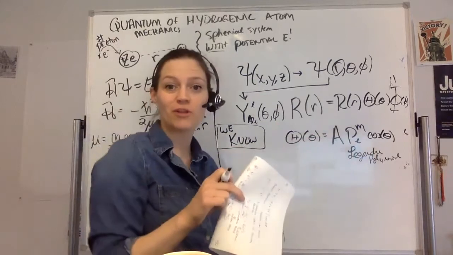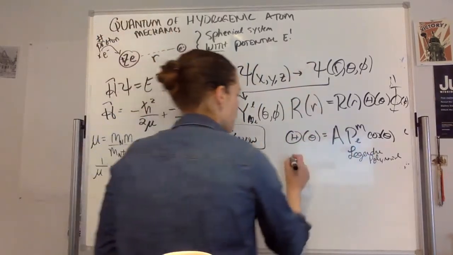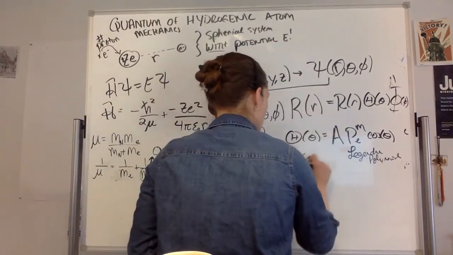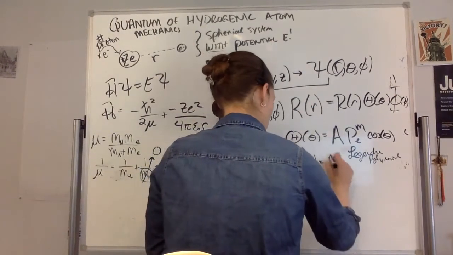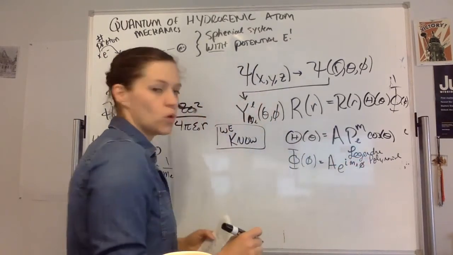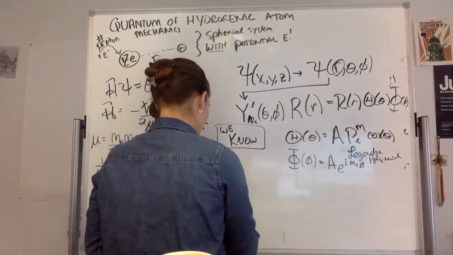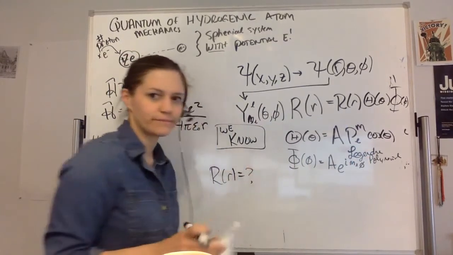Cool, just like the Hermite polynomials you saw for the harmonic oscillator. Phi, the function, is B times e to the i m sub l phi. Cool, I like that. Question now, R equals what?